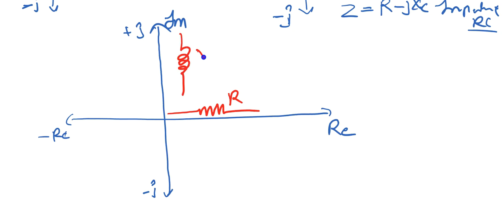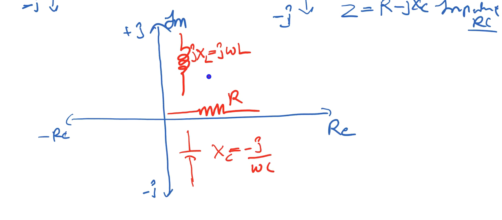So this is my XL, or j omega L. Or you can say this is JXL, isn't it? And this is where my capacitor lies. So my XC I can write as minus J by omega C. You also know how these relations come about. So from this you can write any kind of equation.